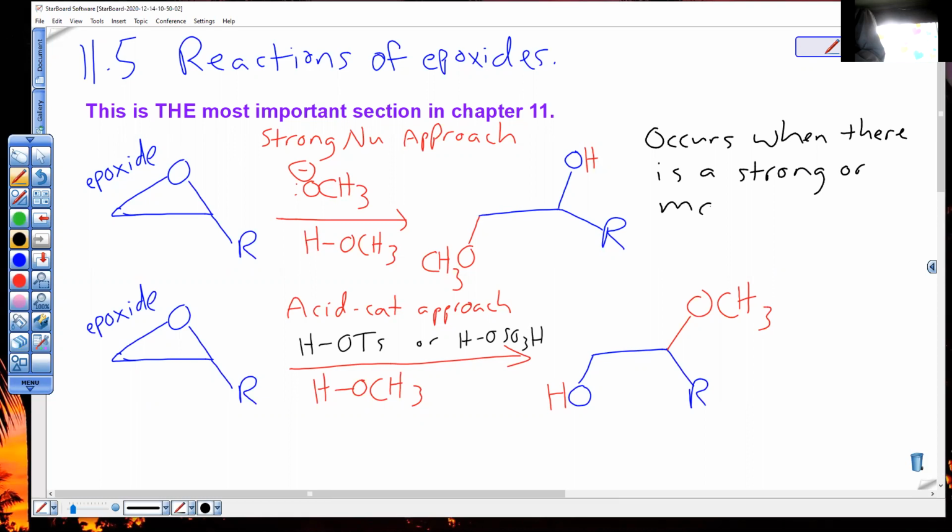I believe in chapter 9 we called it moderate. During epoxide opening.